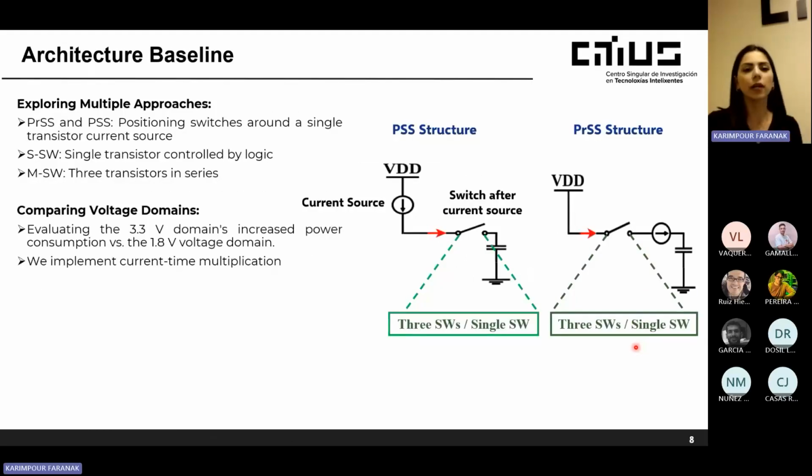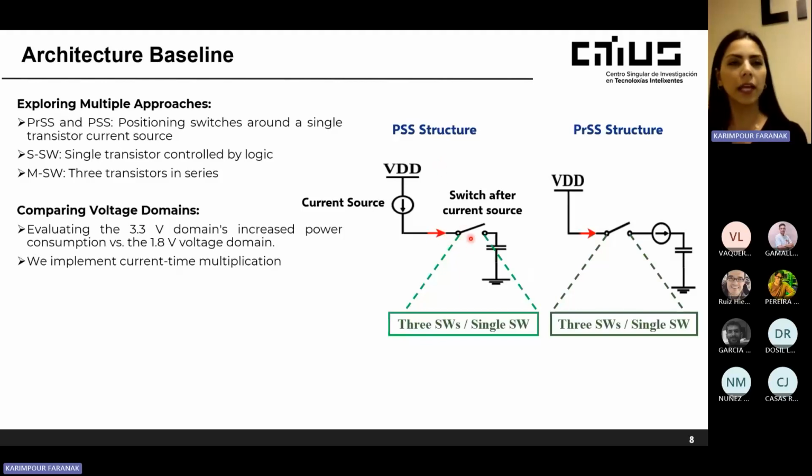In this slide, we explore multiple approaches in the realm of current-time multiplication for MAC operations. The focus is on four distinct strategies: the PRSS and PSS structures, positioning switches. As you can see here, we have one single switch before the single transistor current source, which we name PRSS, and one single switch after the current source, which we name the PSS structure.